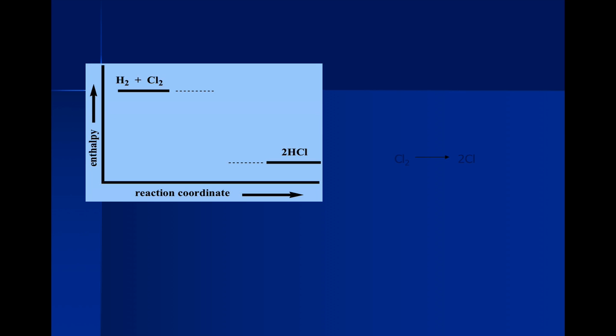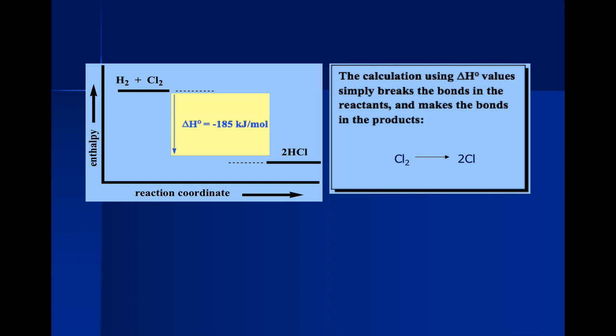Now, if we look at this reaction, we look at the enthalpy on one axis and the reaction coordinate on the other, we can see that hydrogen plus chlorine goes to 2HCl, and that energy difference is 185 kilojoules per mole, and it's exothermic. And you can really think of this as chlorine going to 2 chlorine radicals. Those chlorines should say 2Cl dot, a single dot for a single radical, because you're breaking these bonds in a homolytic fashion.